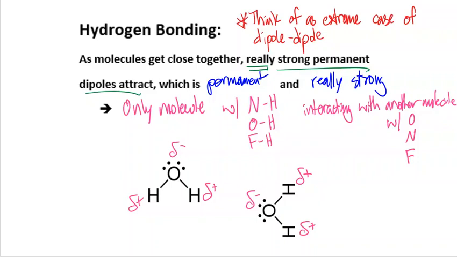So when the partial positive on the hydrogen in one molecule sees the strong partial negative on the oxygen of the other molecule, they are going to be very, very attracted to each other. And again, this is something that's really, really strong, and it's permanent, and it's something that lasts.